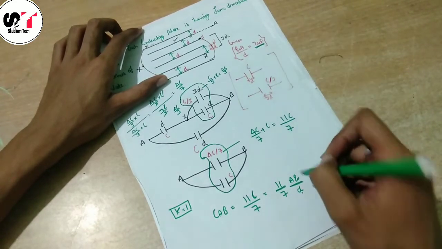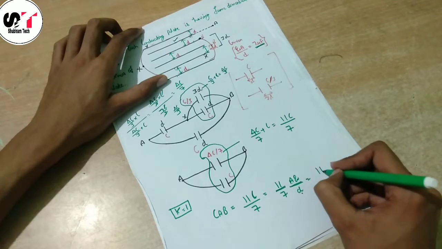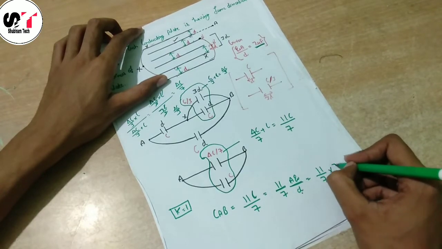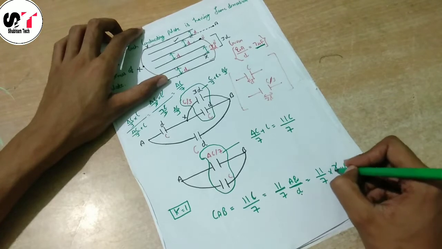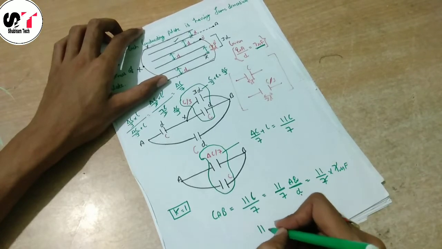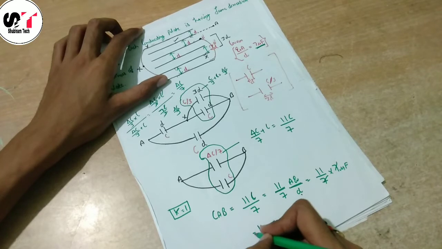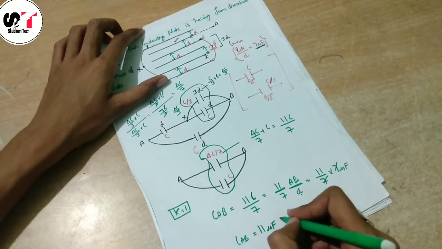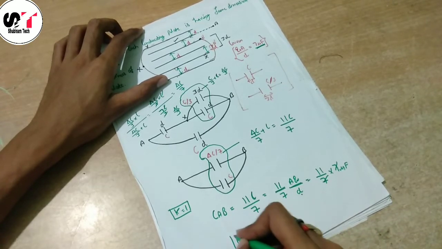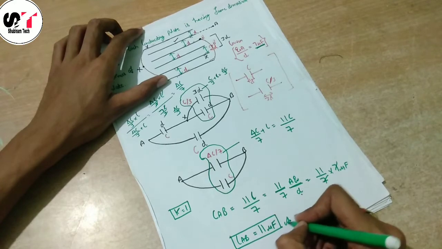So put here 11 by 7 into 7 microfarad. 7 cancels out, we get 11 microfarad. So the final result of this question: C equivalent is 11 microfarad.